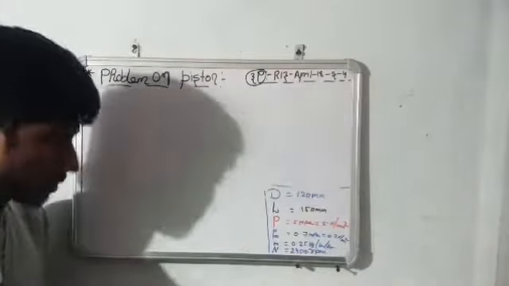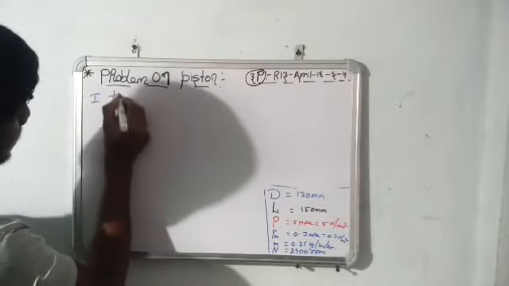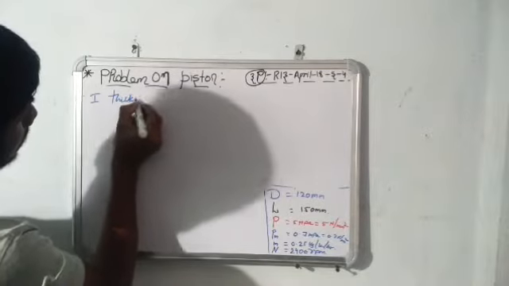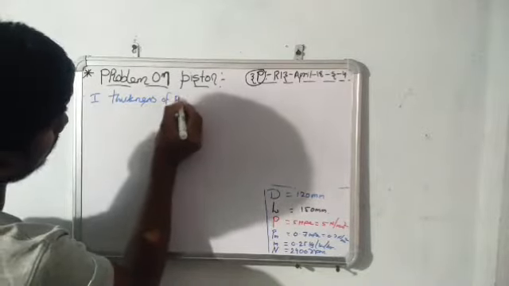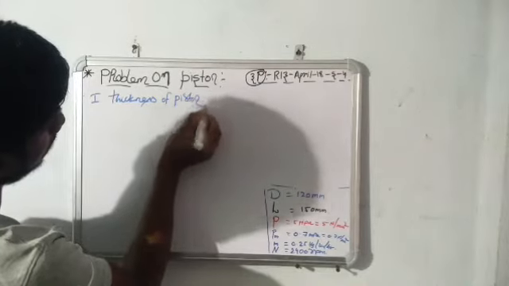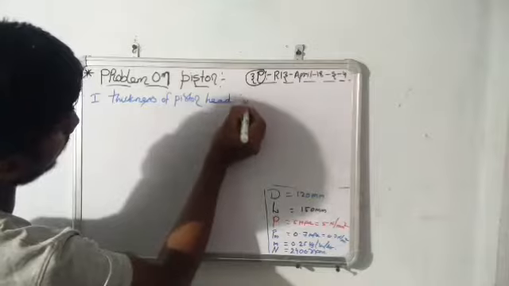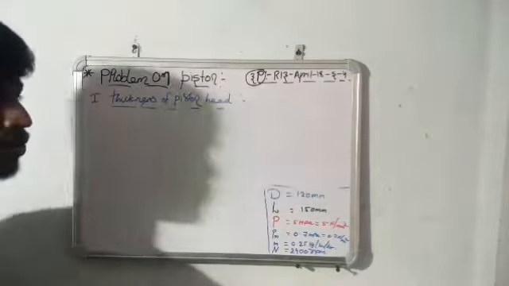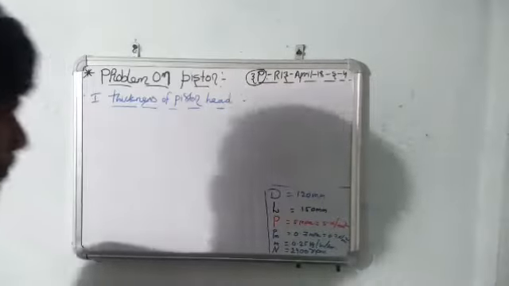The first one is the thickness of piston head. We know the thickness of piston head is found with the help of two formulas. The first one is based on the material.